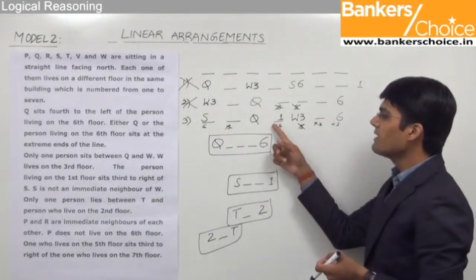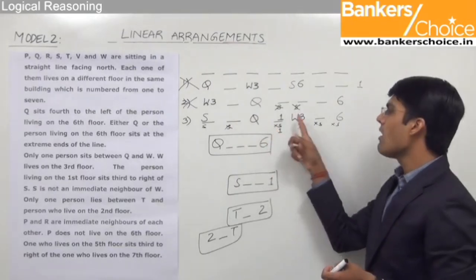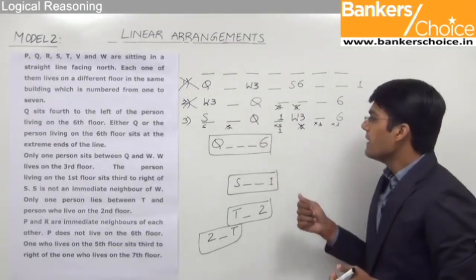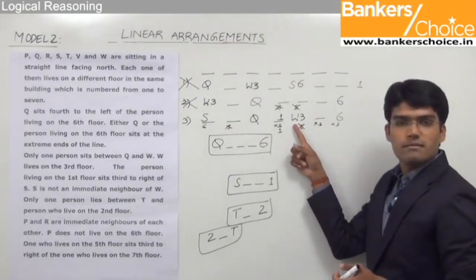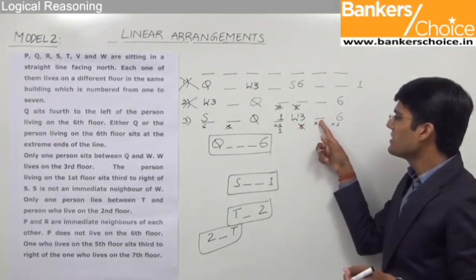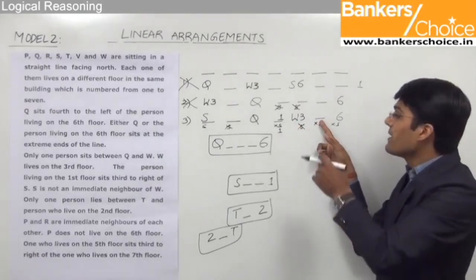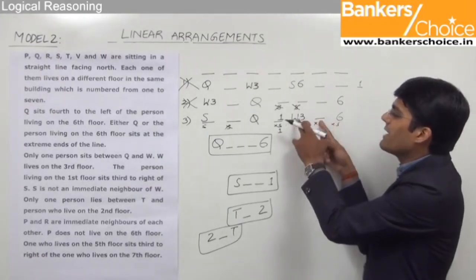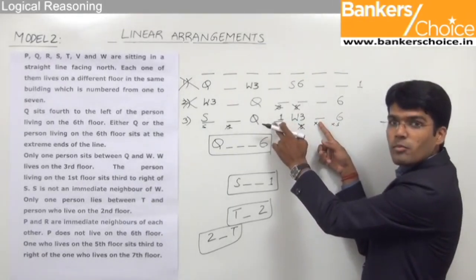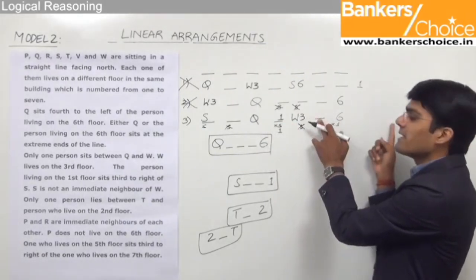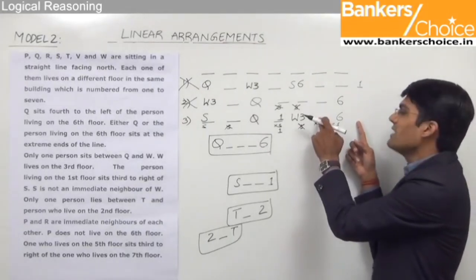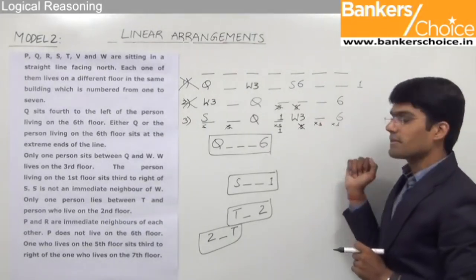So T can come here with second floor on this side or on the other side. So this is a possible arrangement. If we go to the next place, the position is already occupied by W, so T cannot come. And if we try to put T in this position, the person living on second floor should either come on this side, which is not possible as it is already occupied by first floor person, or he should come on the other side, which is again not possible as we are taking him out of the arrangement. So T cannot fit in this position.